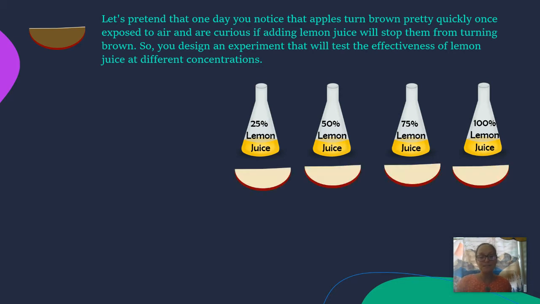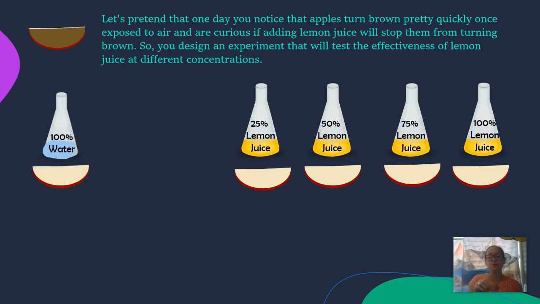And you get some apple slices, but you also are going to set up a control group. In this example, the different concentrations of lemon juice are our independent variable. Our dependent variable is how brown the apples turn. That's what we will be measuring.